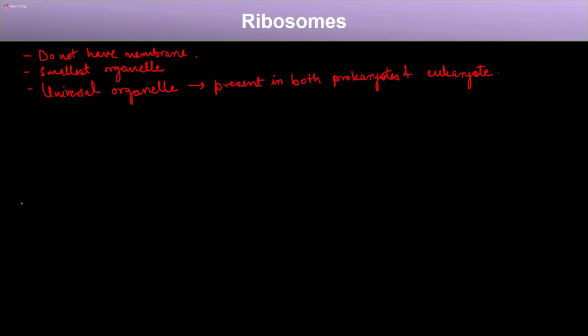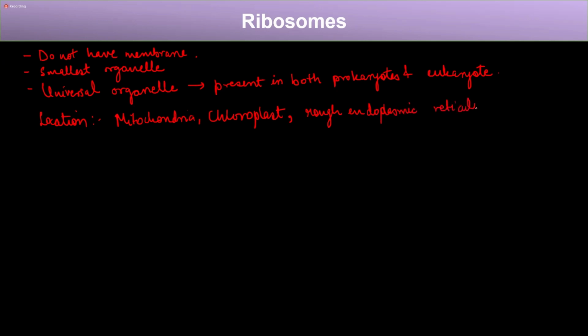Apart from this, if we talk about the location of the ribosome, we just saw that the ribosome is present in mitochondria and in chloroplast. We also saw, when studying the endomembrane system, that it is present on the rough endoplasmic reticulum.